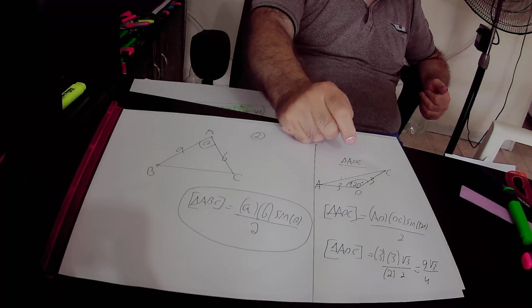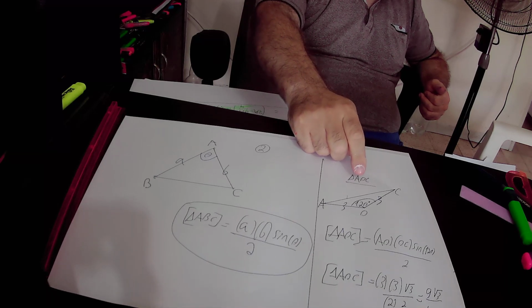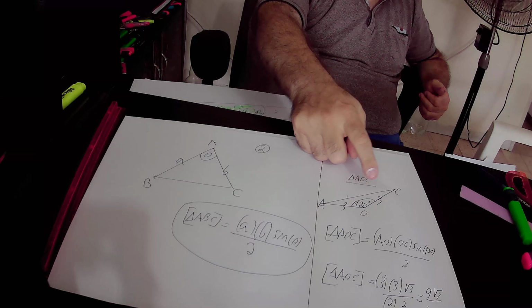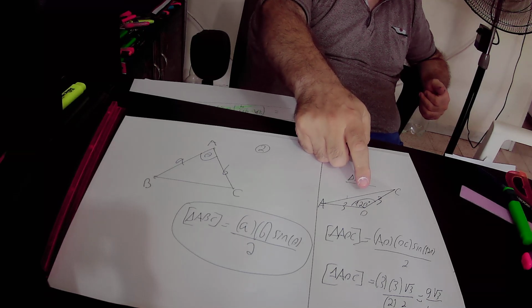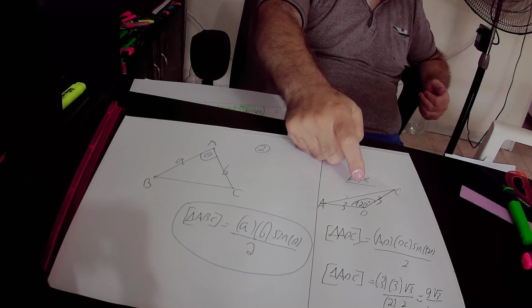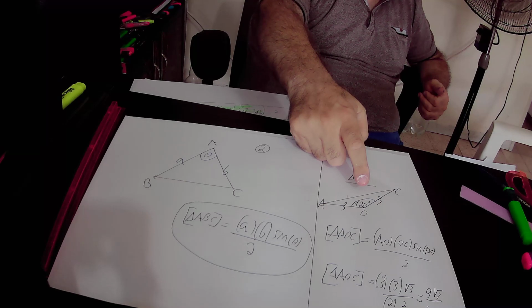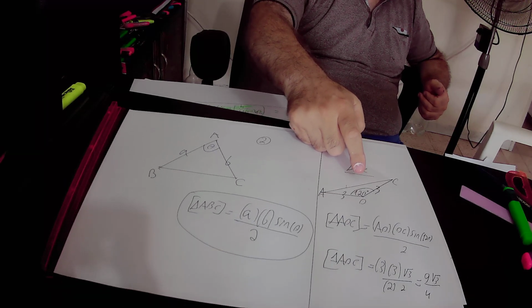So according to the new formula, the area of triangle AOC will be equal to AO times OC times sine 120 degrees over 2. AO is 3, CO is 3, so it is 3 times 3 times sine 120 degrees over 2.